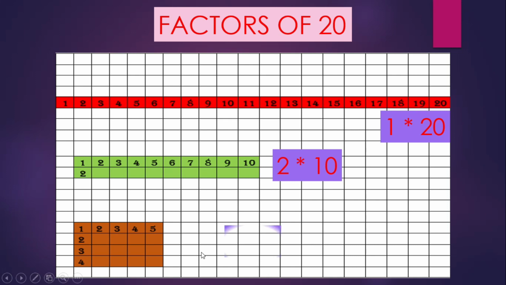So 4, if I take in 4's table, I have 4 5s are 20. So the first number again in the vertical line and 5 in the horizontal line. So this is the rectangle, we show the representation of 4 multiplied by 5.